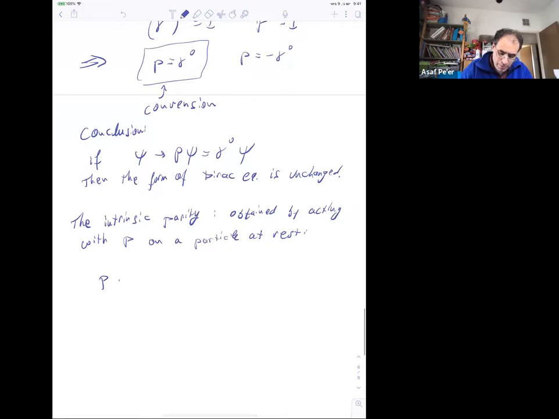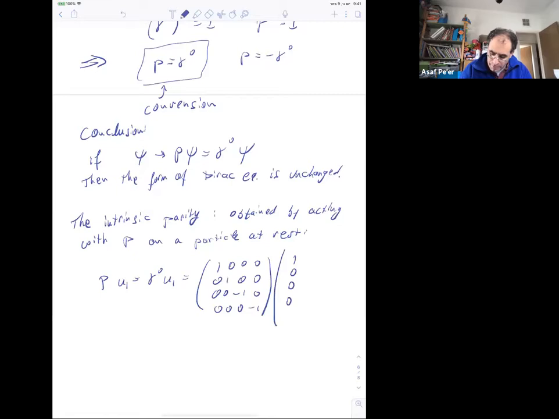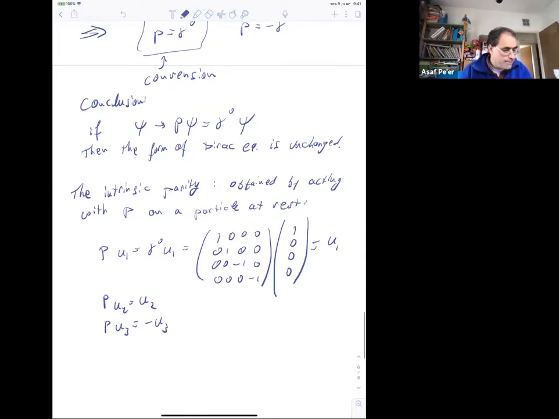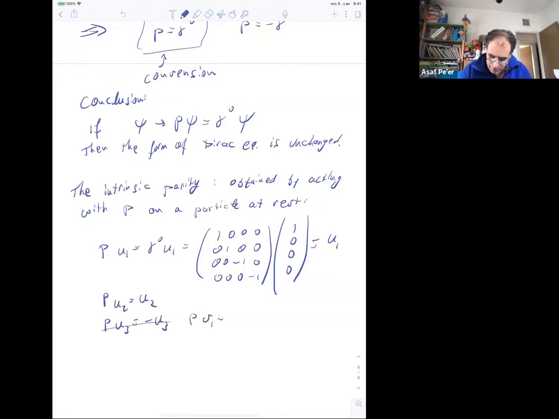P u1 is gamma^0 u1, which is just the matrix diag(1, 1, -1, -1) acting on u1, so it's just u1. And the same, P u2 is just u2, P u3 is minus u3. Rather than that, I'll just write down P v1 is minus v1, P v2 is minus v2.